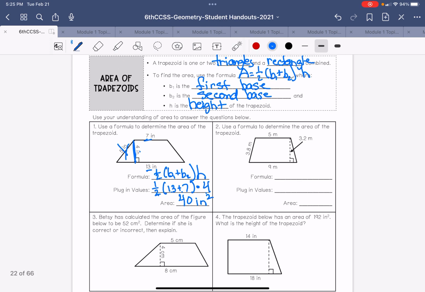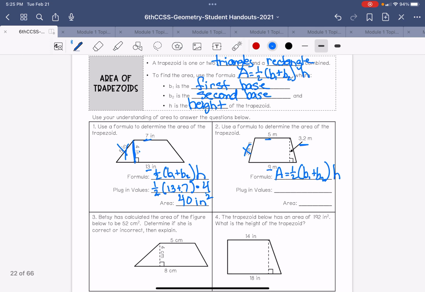All right, I'm going to do one more. Area equals 1/2 of base 1 plus base 2 times the height. Our values we're going to plug in, base 1, base 2, and the height. We don't need the crooked, the diagonal line.